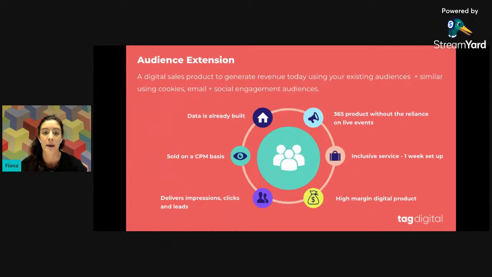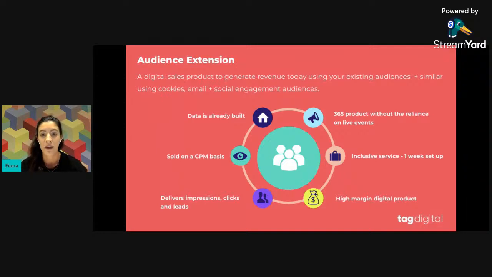It's high quality audience exposure for your clients and generates a strong return on investment purely through digital. The service includes all the ad creative, landing pages and tracking, as well as a live dashboard for reporting. It's really quick to set up, and it's a profitable product that you can use all year round without relying on live events.